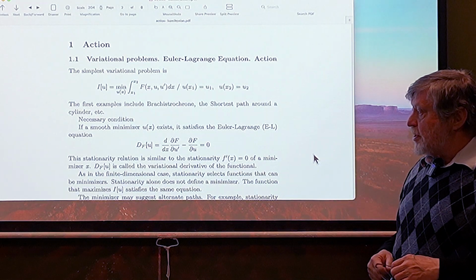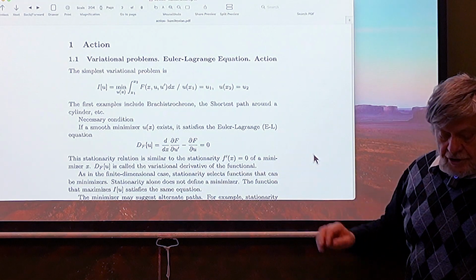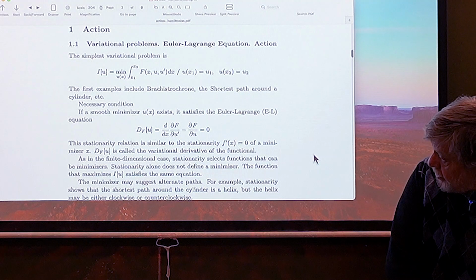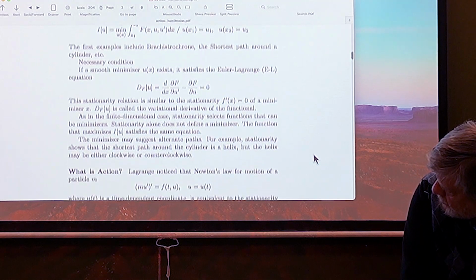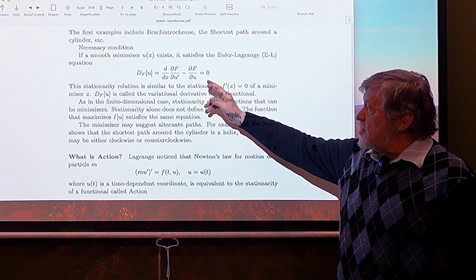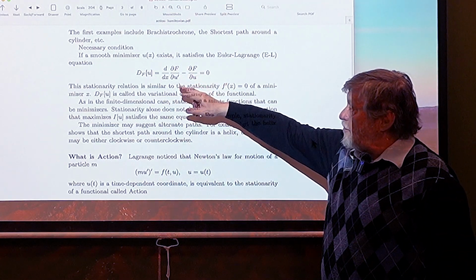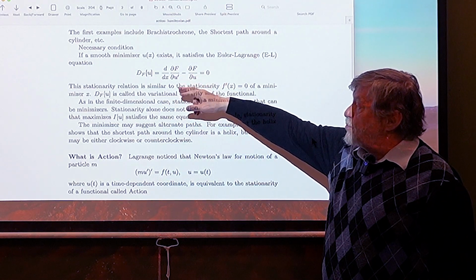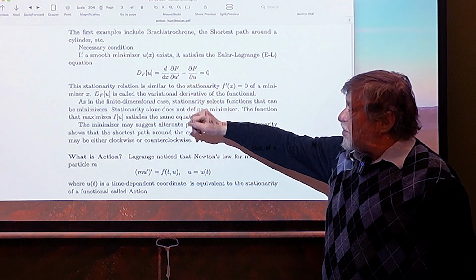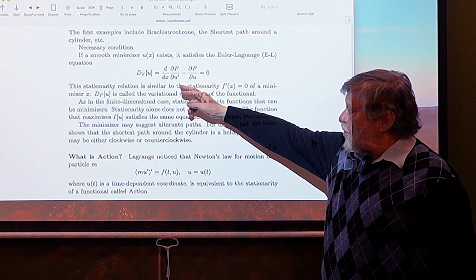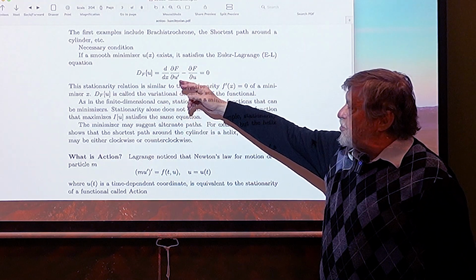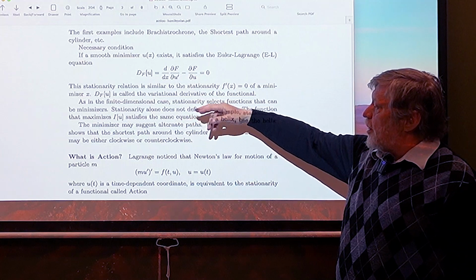and if it exists, satisfies the following equation, which is called the Euler-Lagrange equation, and it is here. This is a second-order differential equation: the derivative of f with respect to u prime depends on u prime, and when you differentiate it one more time, the second derivative of u appears.